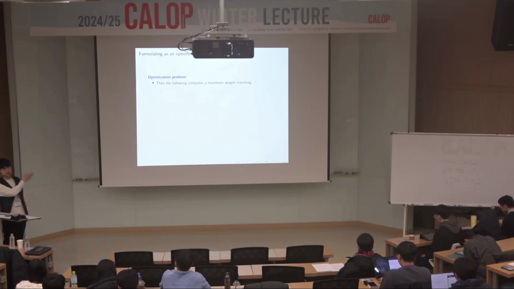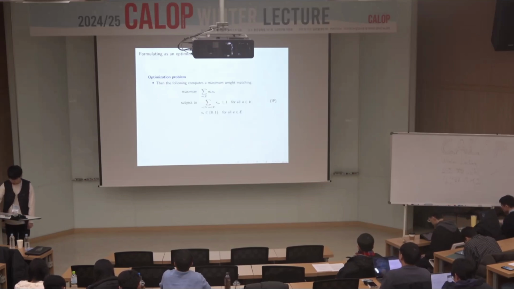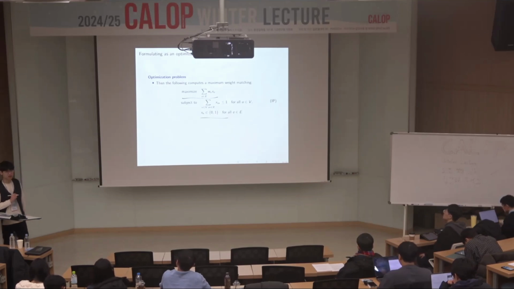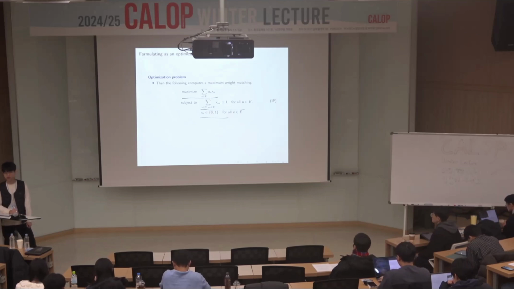So this is the optimization problem. We want to find the maximum weight matching. So we have this objective of maximizing the total weight sum, and I take 0, 1 vectors that satisfy this degree constraint.